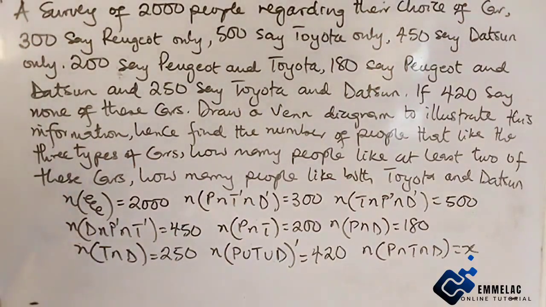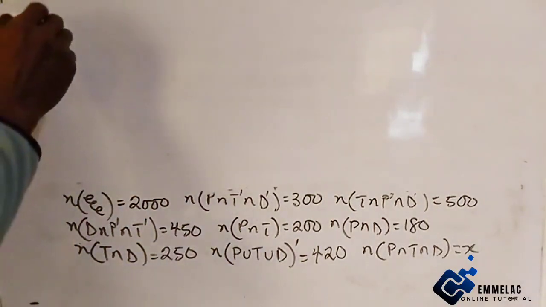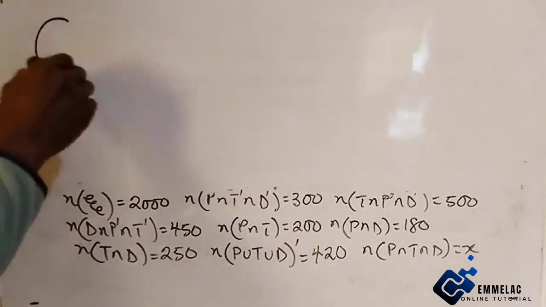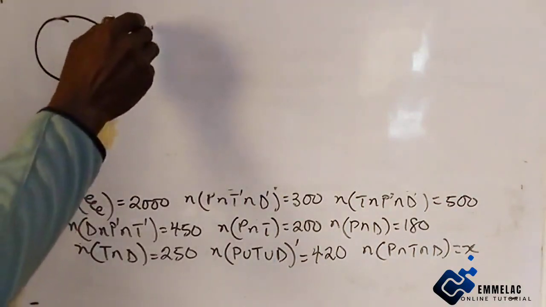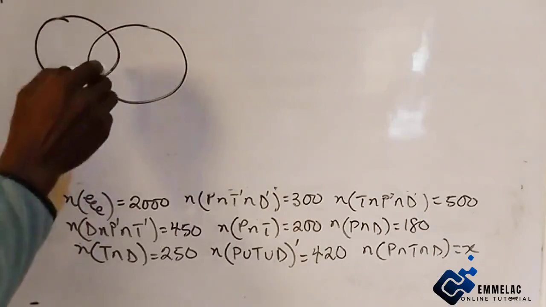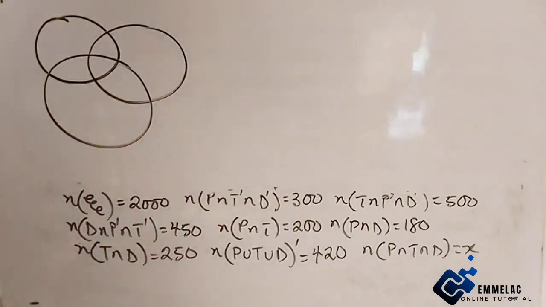So we're using the Venn diagram here. We have three sets. I hope this one will be big enough.